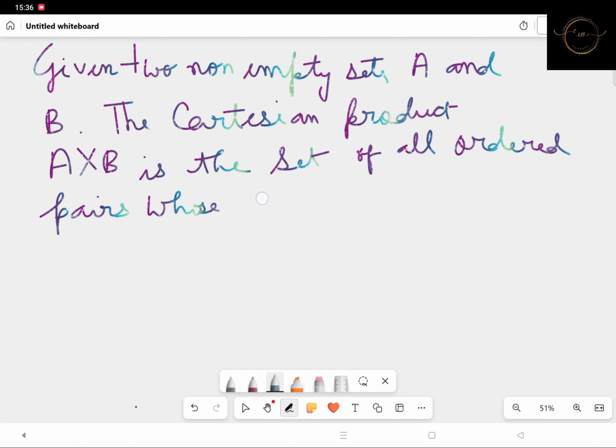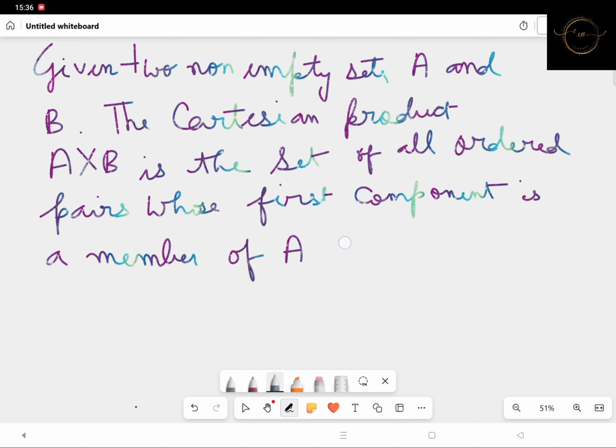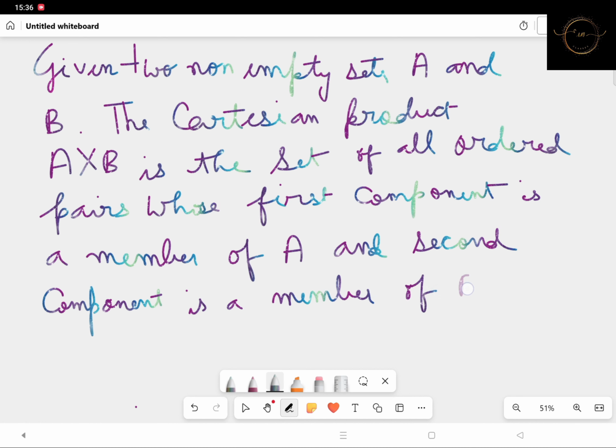whose first component is a member of A, which just now I said, member of A, and second component is a member of B, which is a very important note which you have to note down in your copies.